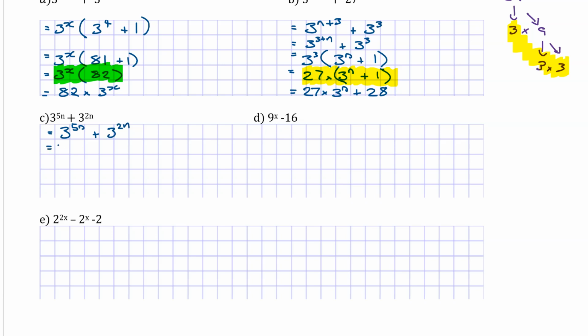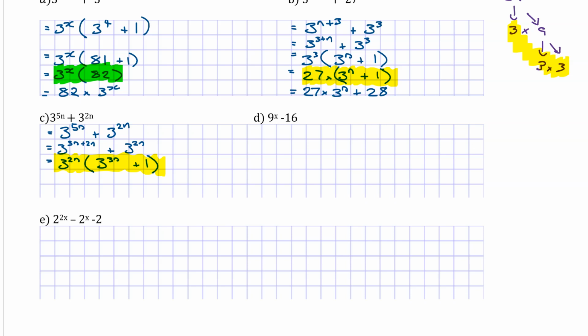We can break it up a little and go 3 to the 3n plus 2n plus 3 to the 2n. Then we can pull out a common factor of 3 to the power of 2n, which leaves us with 3 to the power of 3n plus 1. And this would be the simplest form we could get to right here. So this would be its factorized form.